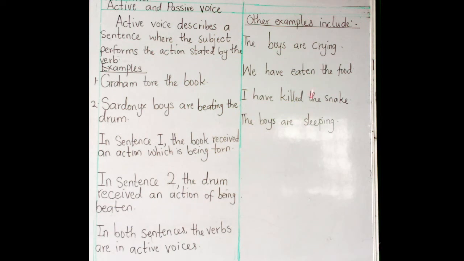Remember, the boys here is the subject. They are the ones who performed the action. I hope you are following my pointer. My laser pointer here, you can see where it's pointing. The boys are sleeping. The boys are the ones who performed the action.